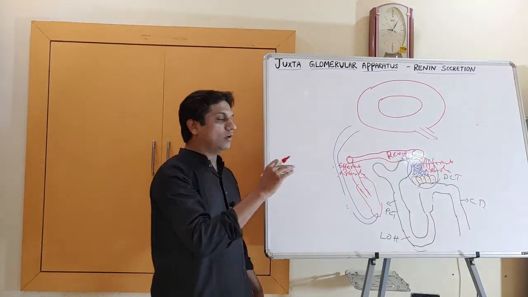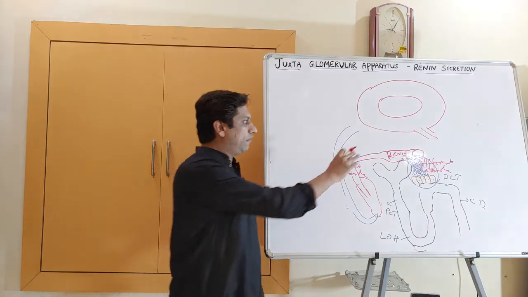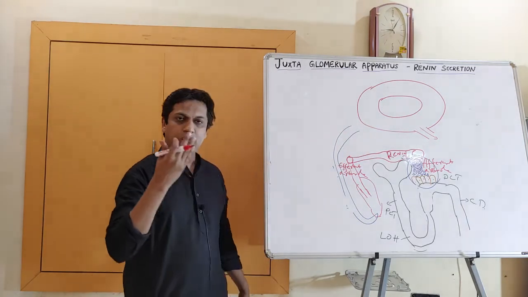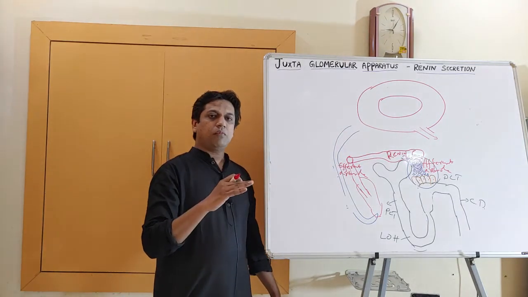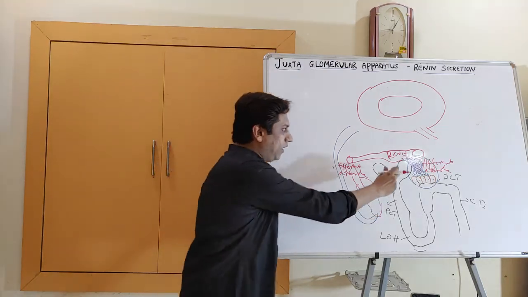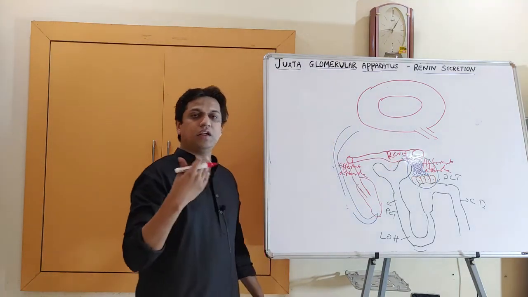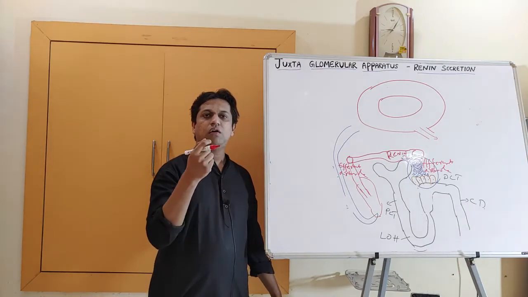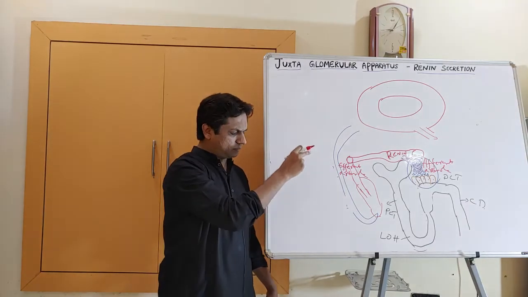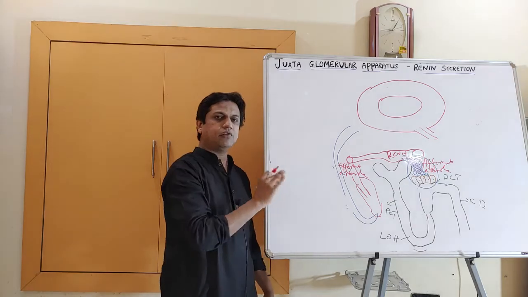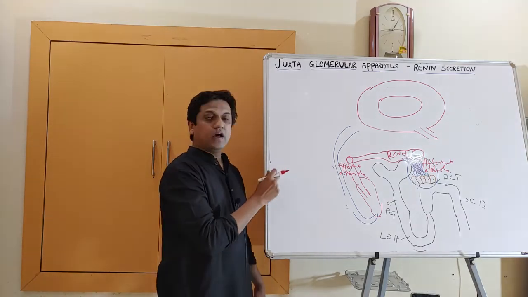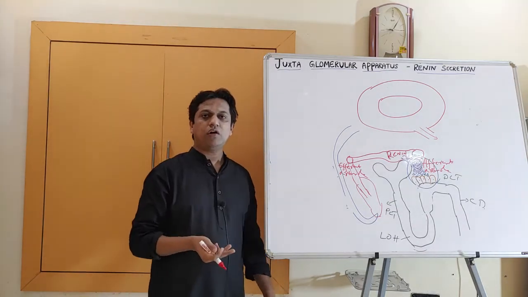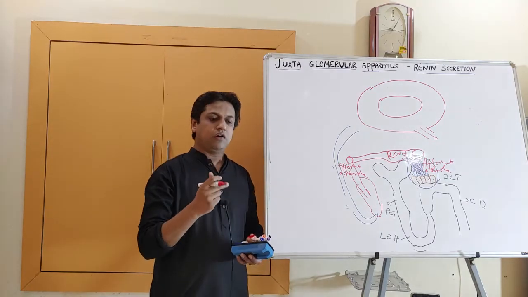But under physiological limits, the blood pressure will definitely come back to normal. This involves the chemical renin along with other chemicals like angiotensinogen and aldosterone, known as the renin angiotensin aldosterone axis or mechanism.